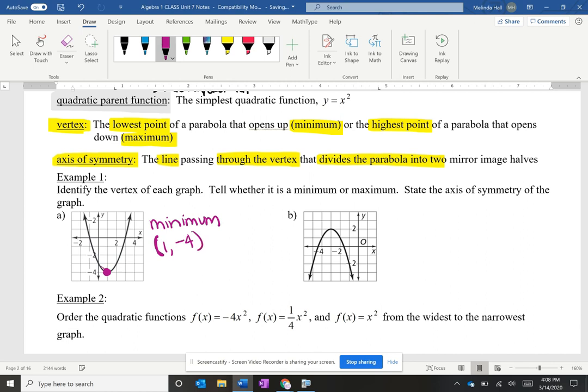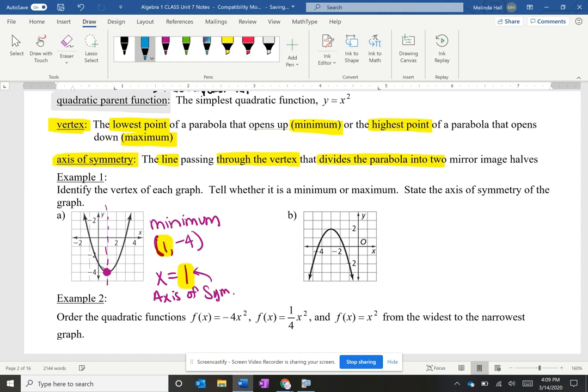And so my axis of symmetry would be at x equals 1, because remember, an x equals equation is a vertical line like that. And so the number for the x value of your vertex is going to be the same as the number that you get for your axis of symmetry equation. Okay, and feel free to label that if you need to as the axis of symmetry. Okay, and that is always going to be x equals something.